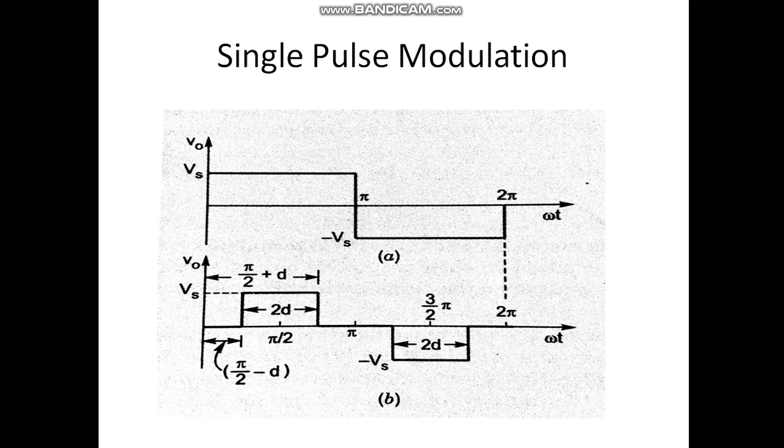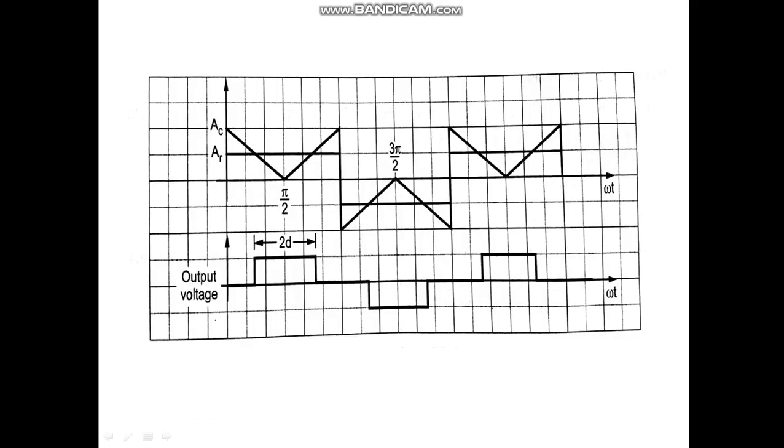Now how is this particular pulse generated? Here the AC, which is a triangular wave, is called a carrier wave, and this other wave is a square wave. We can see it is cutting at this point and this point, and where it is cutting, that is the width.